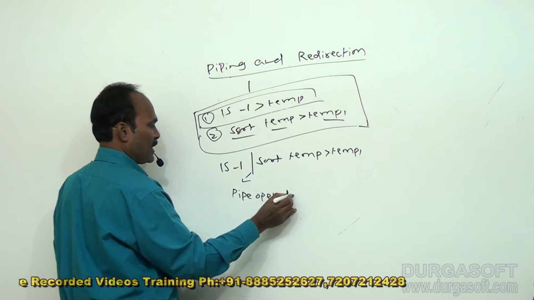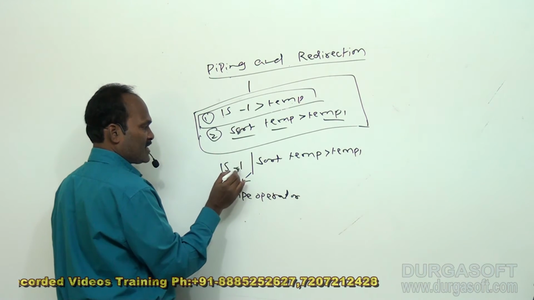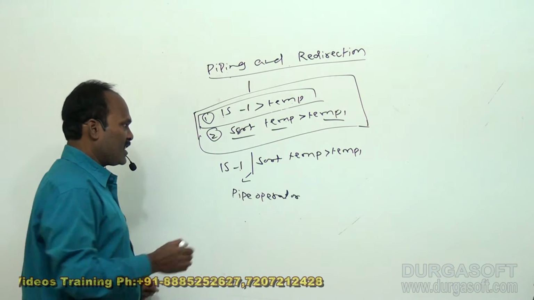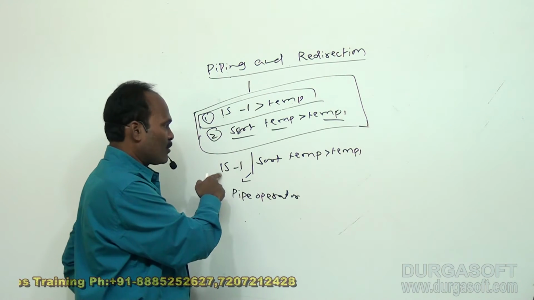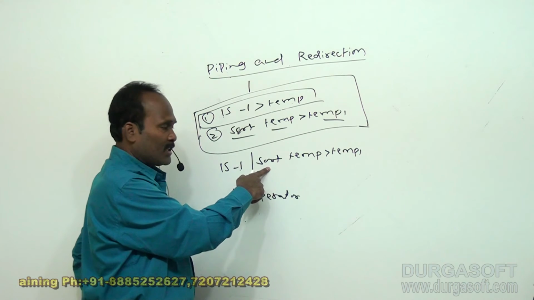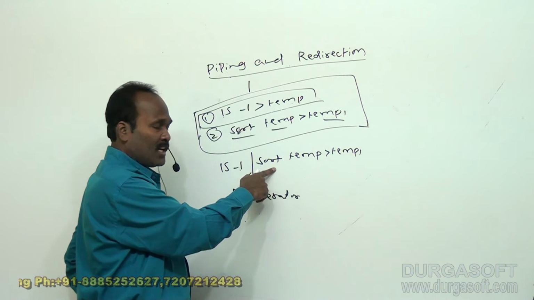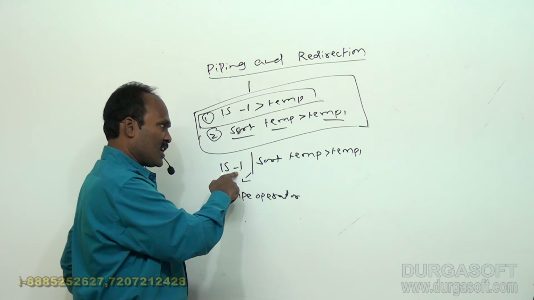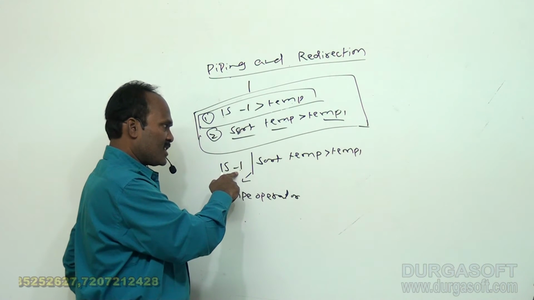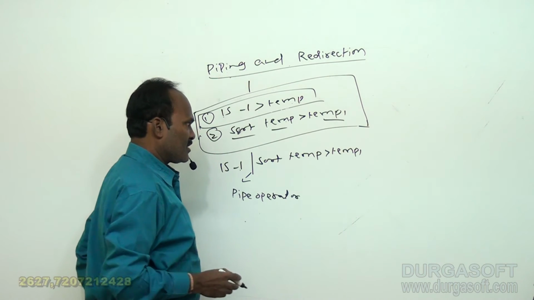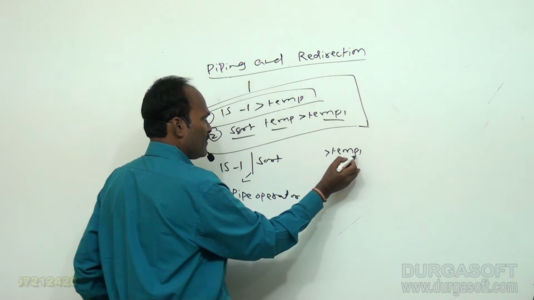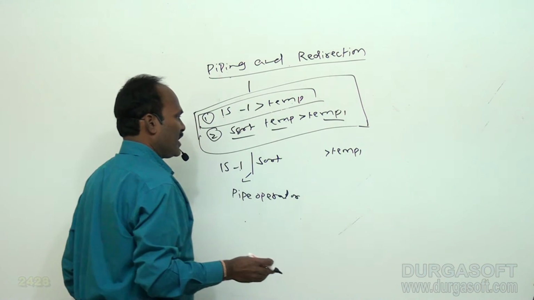What is the functionality of the pipe operator? ls -l does not display any output on the screen. Instead, it sends its output to the sort command. The sort command takes the output generated by the ls -l command and sorts the list of files. The sorted list of files is stored in the temp1 file automatically.